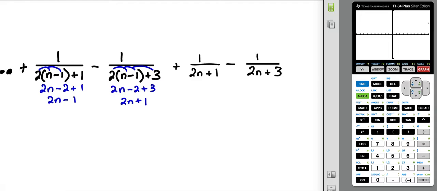So this fraction, the 1 over 2n plus 1, would cancel with this fraction, 1 over 2n plus 1. All right, so we have a cancellation here.